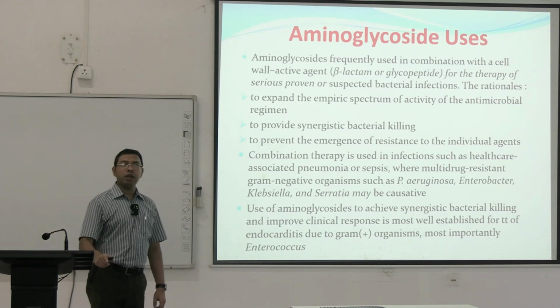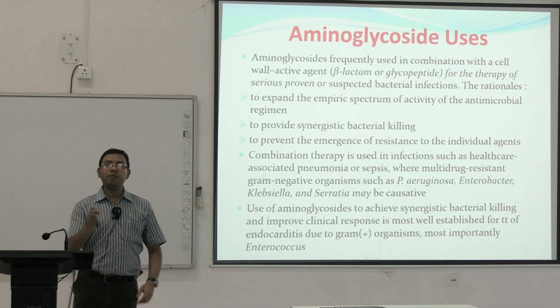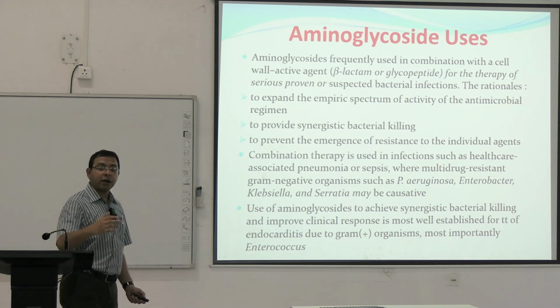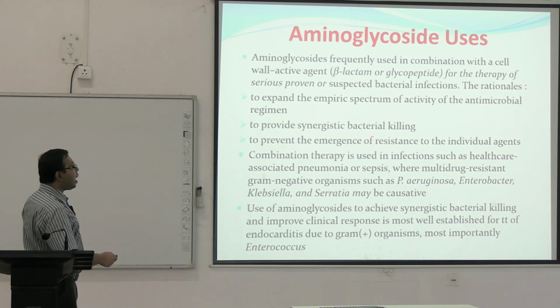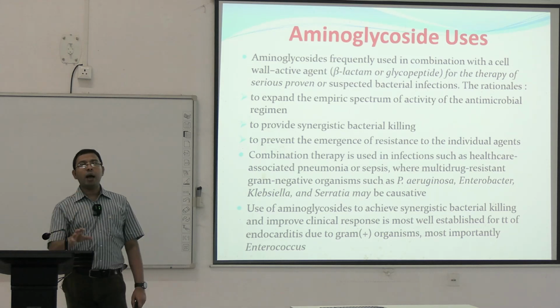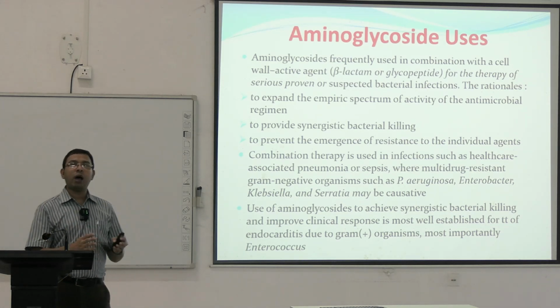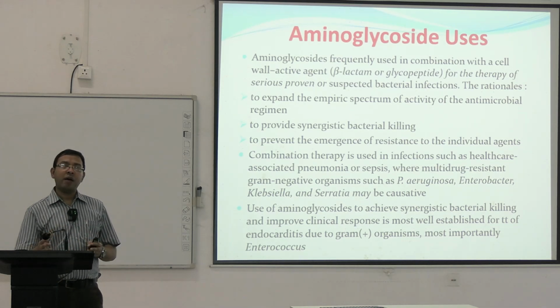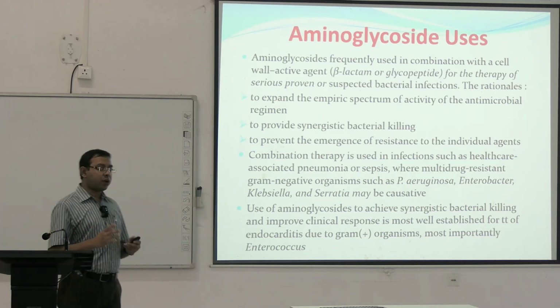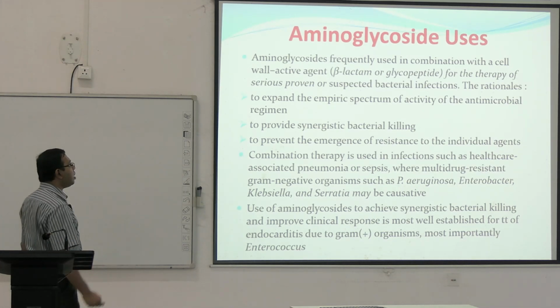So it has been seen that if an aminoglycoside is added, there will be synergism, that is 1 + 1 greater than 2, more bacteria will be killed, to prevent the emergence of resistance to the individual agents. So when we use only aminoglycosides, there will be thriving of the other bacteria that are not affected by the aminoglycosides. So there will be more chances of resistance formation. That's why combination is needed.